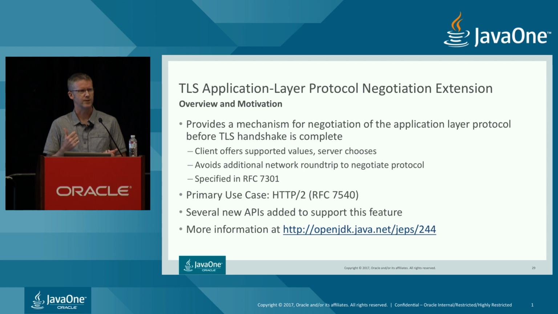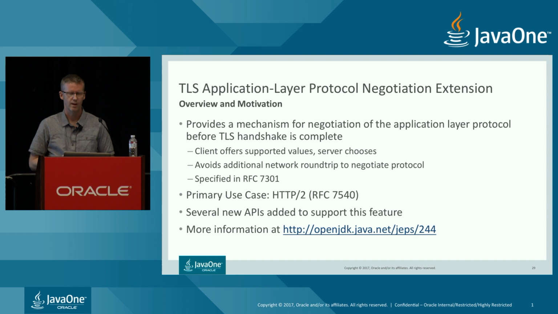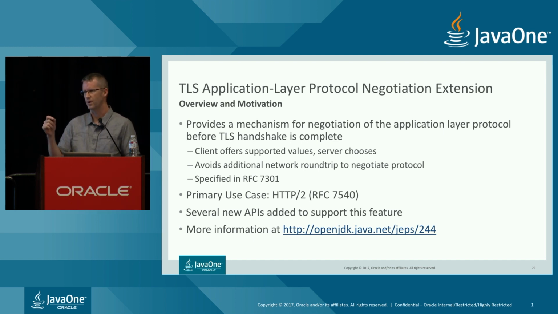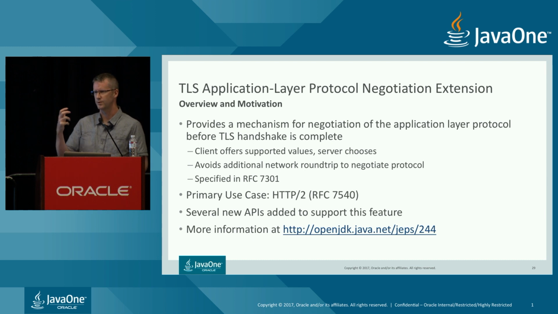One of the main benefits here is it avoids an additional network round trip at the application layer to negotiate what protocol they want to communicate over once the TLS connection is complete. It also allows the server to choose which certificate it may want to use. So it may have different certificates depending on which protocol is being negotiated.